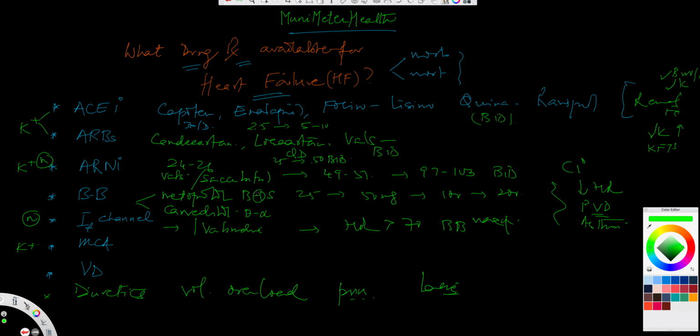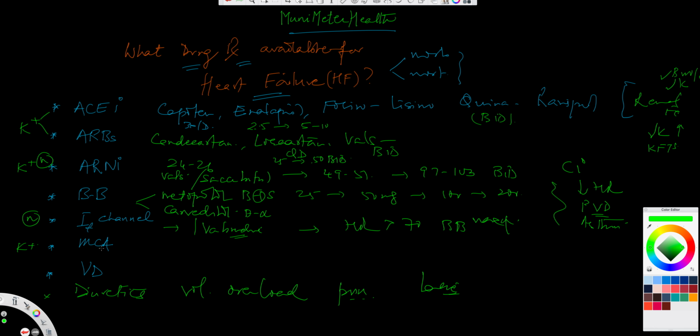So somebody who's on maximized beta blockers, say 50 BID or 50 QD of metoprolol, and yet the heart rate is 70 and you can't give more because the pressure tends to drop or whatever else is happening. At that point, IF channel drugs, ivabradine is a newer drug. Again, this has not been shown to improve the mortality. I'll go over that as soon as we hit the bottom of the list, which drugs are really good.